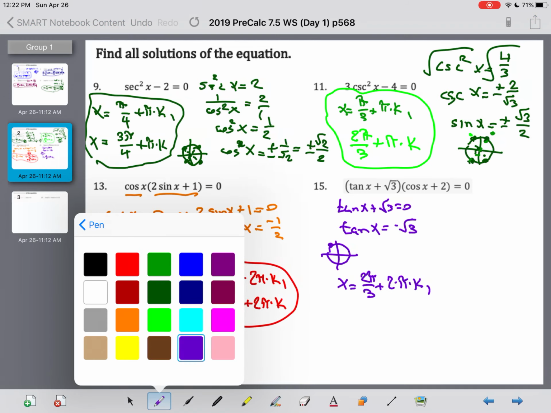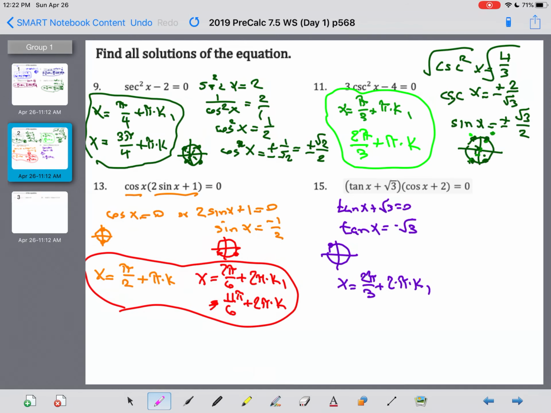And if I change colors here to this guy here, so that means that cosine x is equal to negative 2. Again, that is not possible because it's undefined. Cosine's maximum value is 1, minimum value is negative 1.